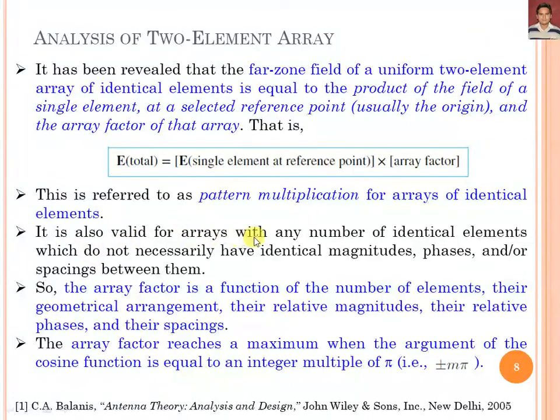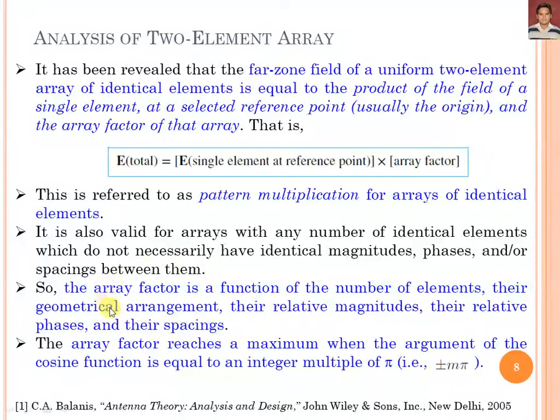It is also valid for an array with a number of identical elements which do not necessarily have identical magnitude, phase or spacing between them. So the array factor is a function of the number of elements, their geometrical arrangement, their relative magnitude, their phase and their spacing.